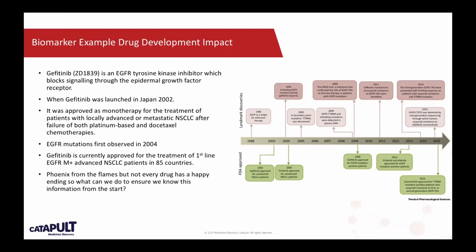And so now gefitinib is approved as first line in EGFR mutated advanced patients across 85 countries. On top of that, though, only half of those patients still respond. So there's still 50% of patients that have that mutation that don't respond.